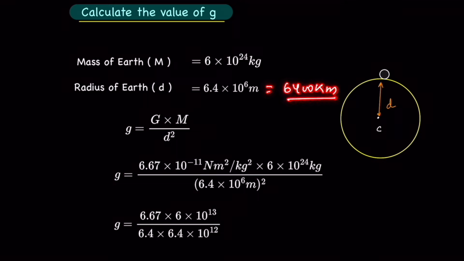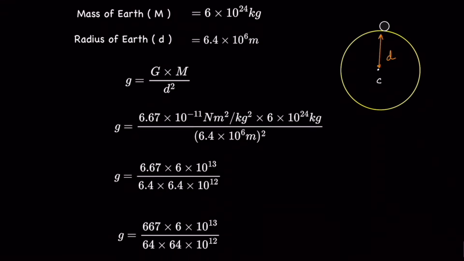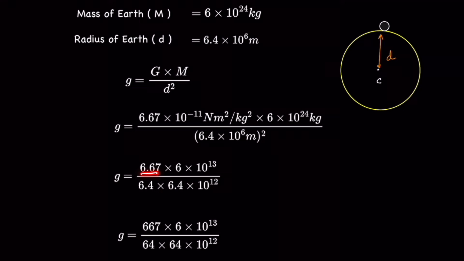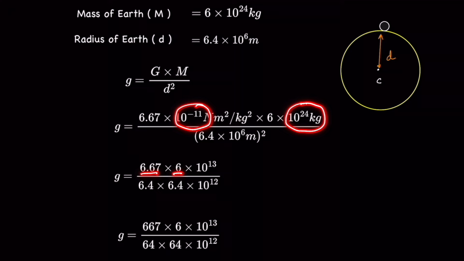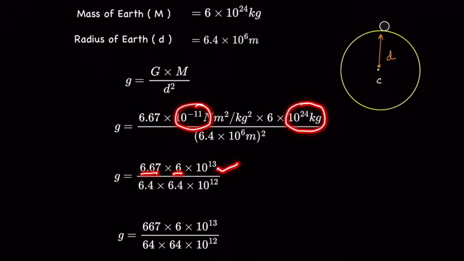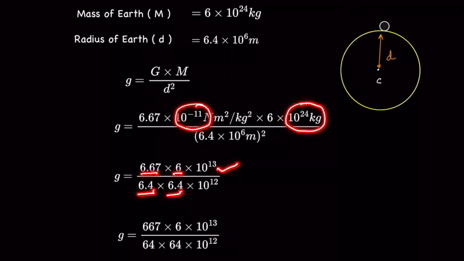But our SI unit of the distance is meter, so we convert it to meter. Then after solving, 10 to the power minus 11 will be added with 10 to the power 24, so it is 10 to the power 13, divided by 6.4 into 6.4 into 10 to the power 12. 10 to the power 12 we got because it's a square here.